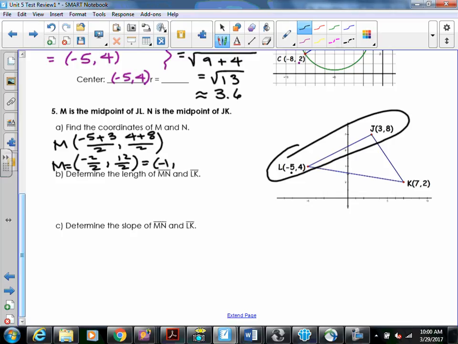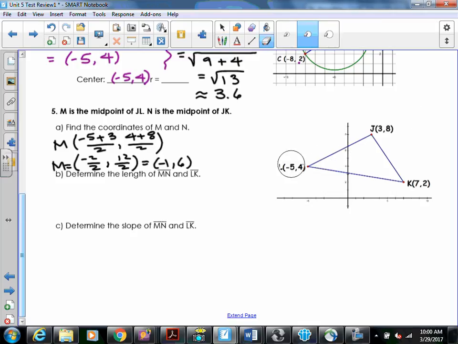So -1, and then 12 divided by 2, 6. So your coordinate for point M is going to be -1. So you go over -1 and go up to 6. So M is at -1, 6.